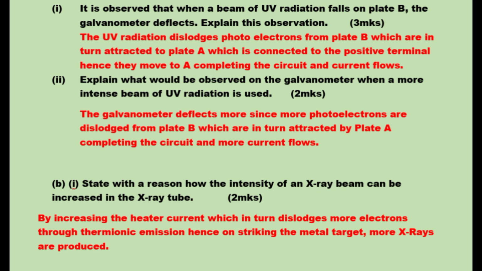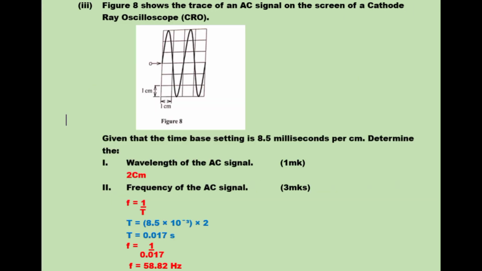But if you want to increase the intensity, you increase the heating current. So now you can produce more electrons, which when they strike the metal target will produce more X-rays.